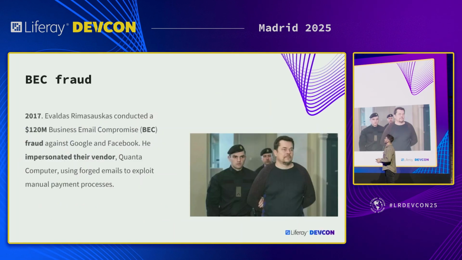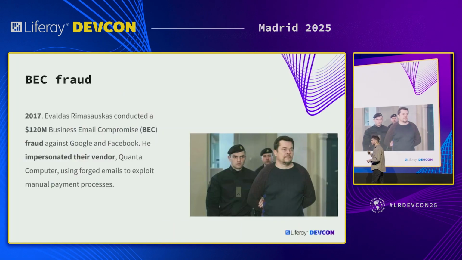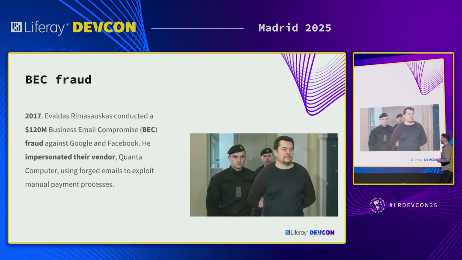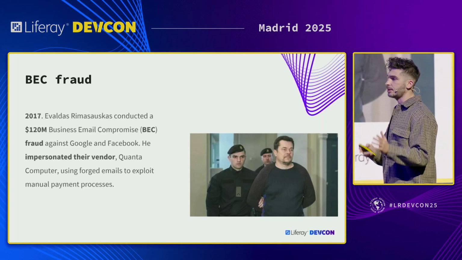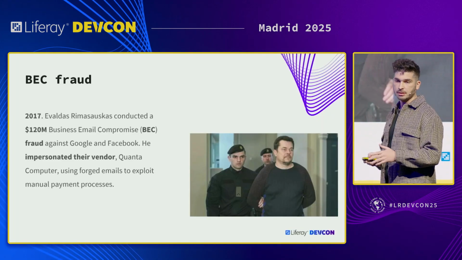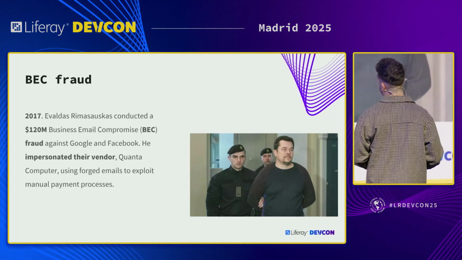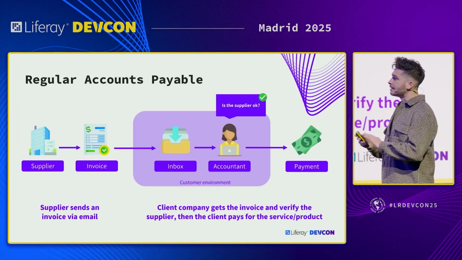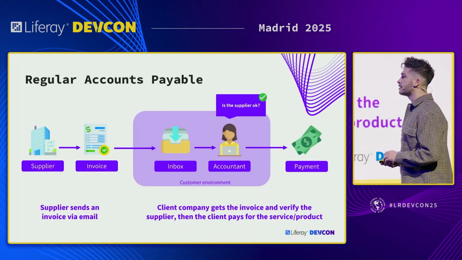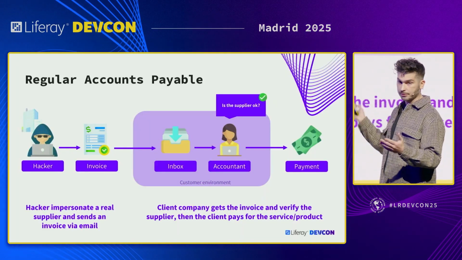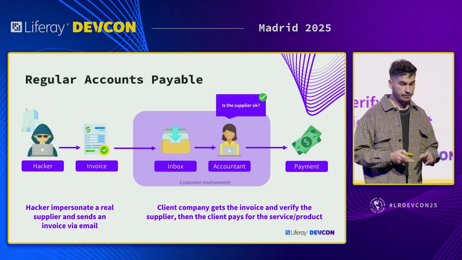2017, Lithuania. This gentleman, just by sending fake invoices, stole something like $120 million in a short time. But how was it possible? Simple, really easy. He impersonated a real supplier of both victim companies.